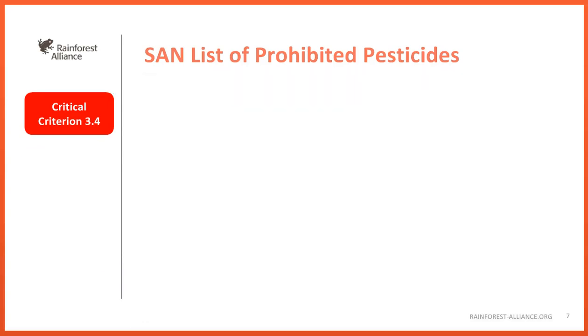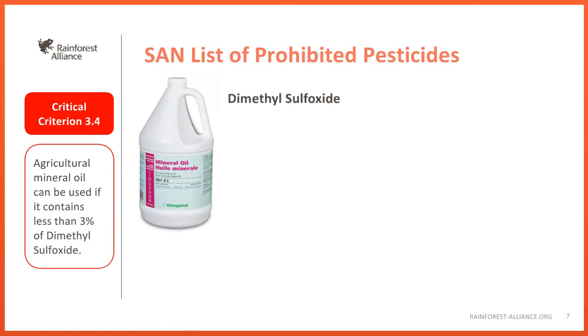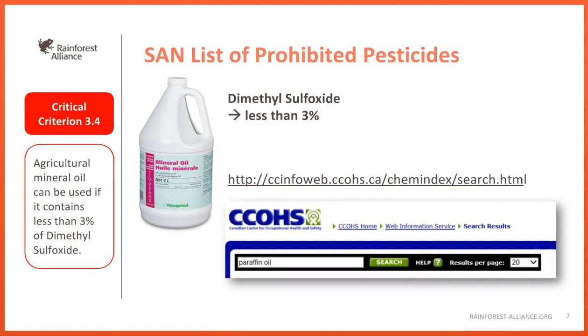This criterion also refers to agriculture mineral oil. Some mineral oil contains dimethyl sulfoxide, which is carcinogenic. Therefore, its content needs to be less than 3%. If you are using a mineral oil, you can check whether it can be allowed for use or not in the following manner.